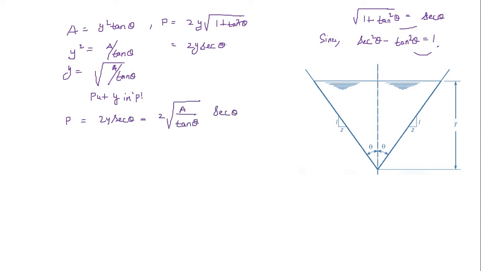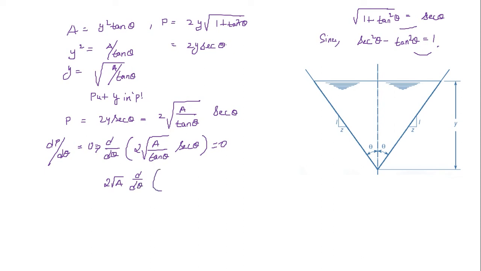You can now use the principle dP by d theta equals 0. So d by d theta of 2 root over A by tan theta secant theta equals 0. Therefore, 2 root A comes out, and d by d theta of 1 by root tan theta, into secant theta, equals 0.